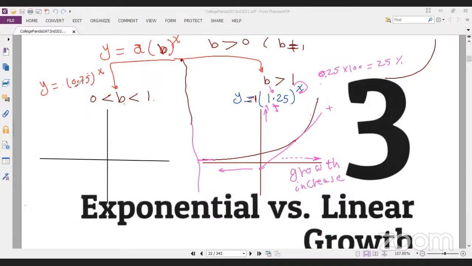So b is less than 1 and more than 0, so directly it is a decay relationship. Why decay? Because it looks like it slopes to the left.